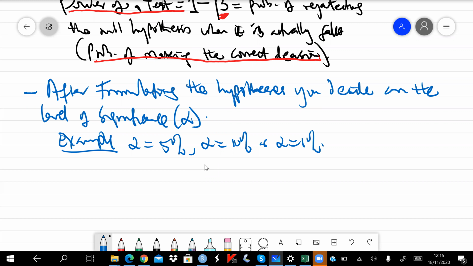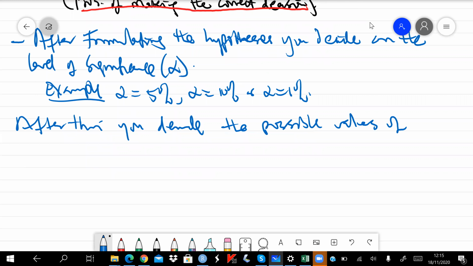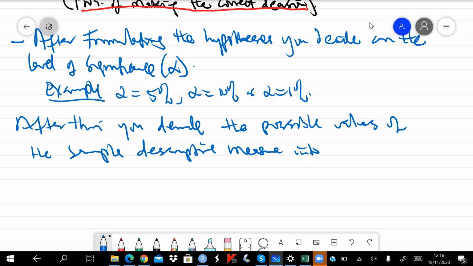Then after this, you divide the possible values of the sample descriptive measure into two sets.